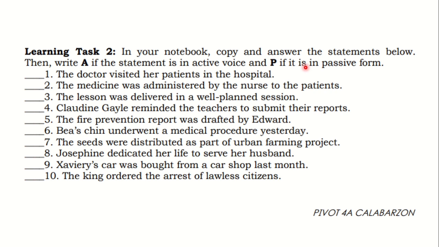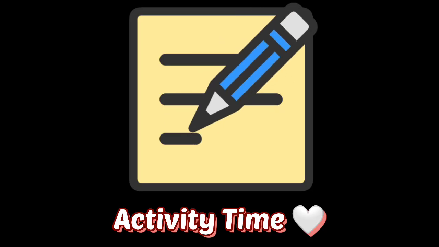A or B? 8, Josephine dedicated her life to serve her husband. A or B? 9, Saviri's car was bought from a car shop last month. A or B? And 10, the king ordered the arrest of lawless citizens. A or B? Write your answers.